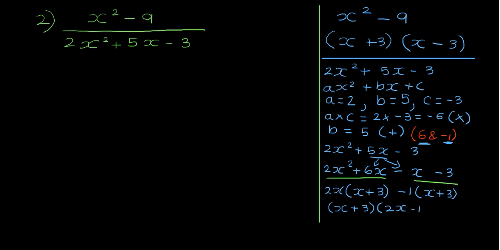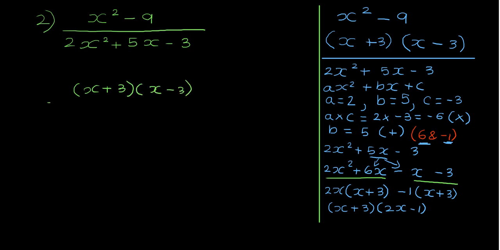So if I was to do this in the exam, I would do the two factorizations on the side, and then I would come back to the original fraction. So x squared minus 9 is x plus 3 times x minus 3.